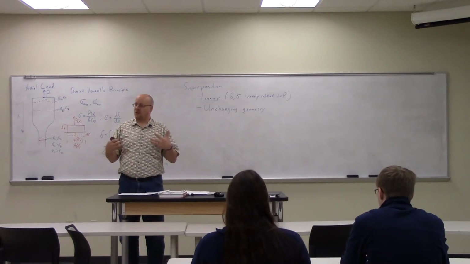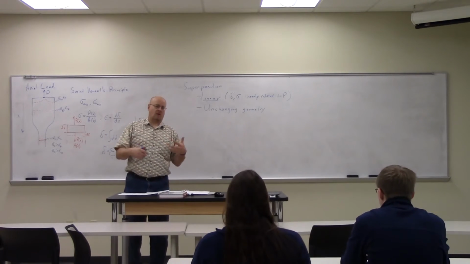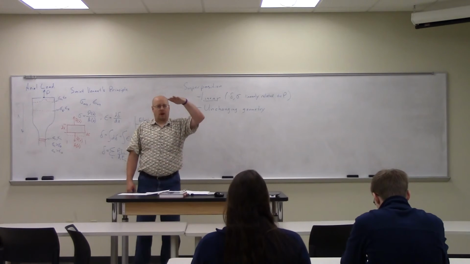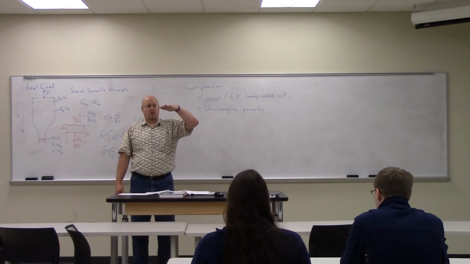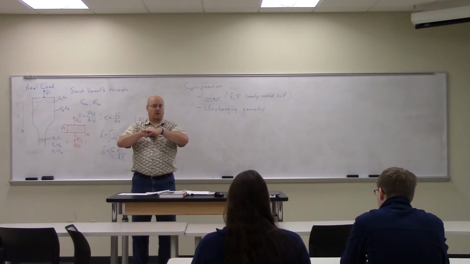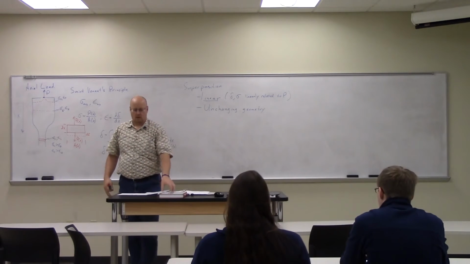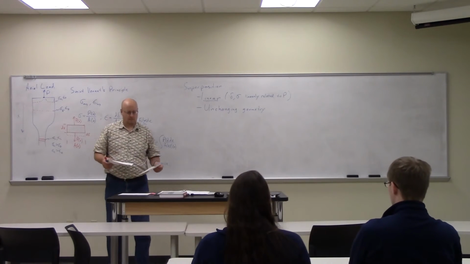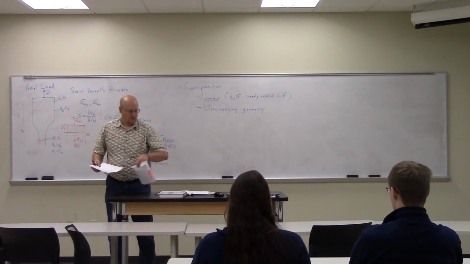If there's a significant change in the geometry, then superposition doesn't work. Because in the case of buckling, one force might not buckle it, and the next force might not buckle it, but the combination of the two might buckle it. And so then we're no longer working in this superposition regime. It's no longer a linear regime. So that's the effective constraint.